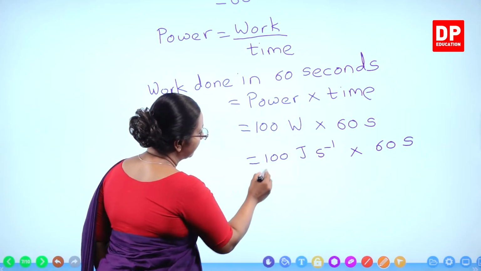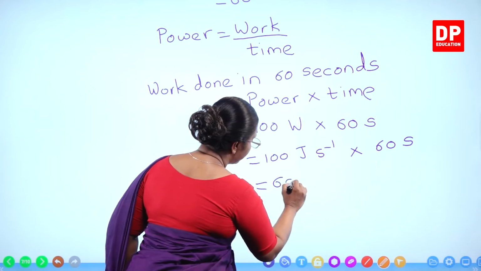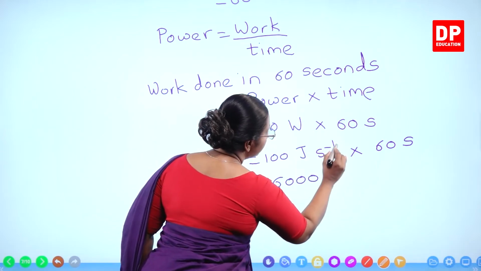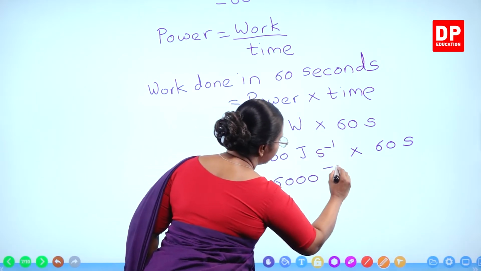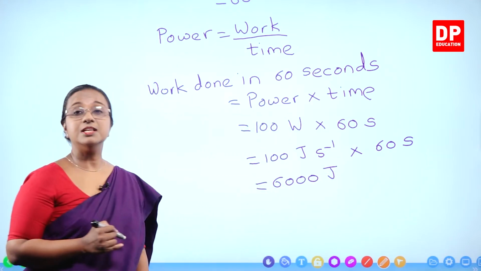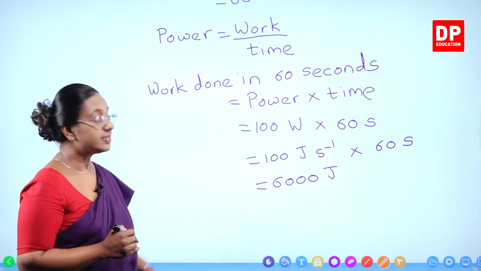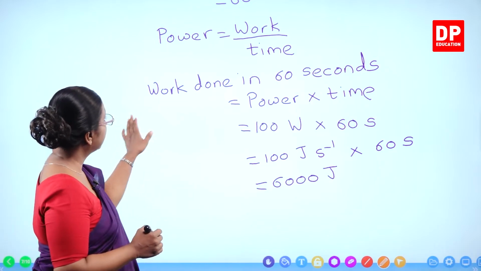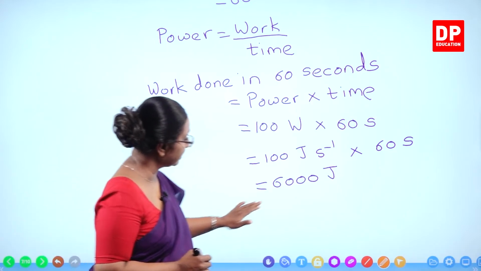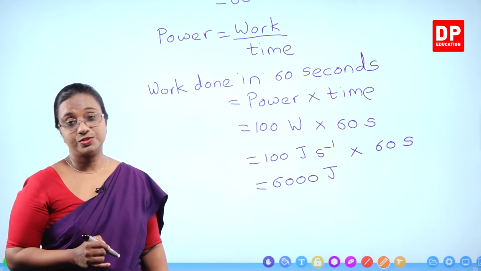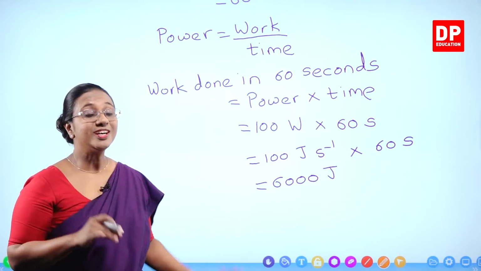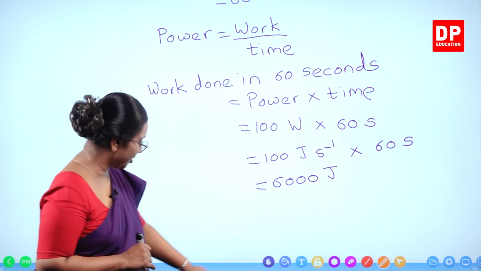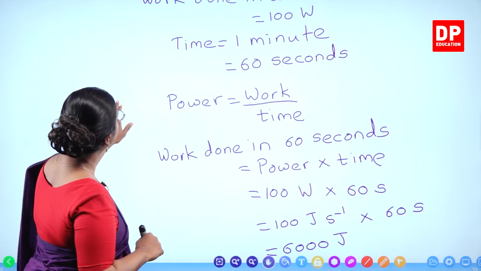So when you multiply 100 into 60, 6000 joule per second into second, you get the answer, the unit in joules. So that is work done. The work done in 60 seconds is 6000 joules. So I'm sure you all can understand this calculation also. If we quickly go back and look at it.